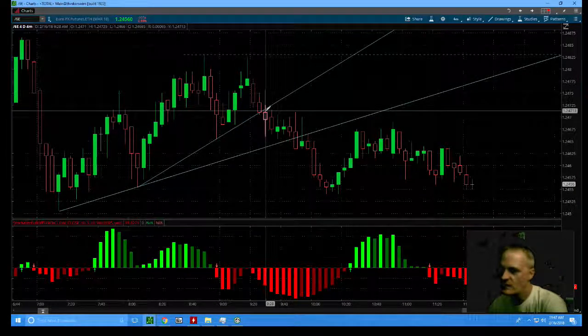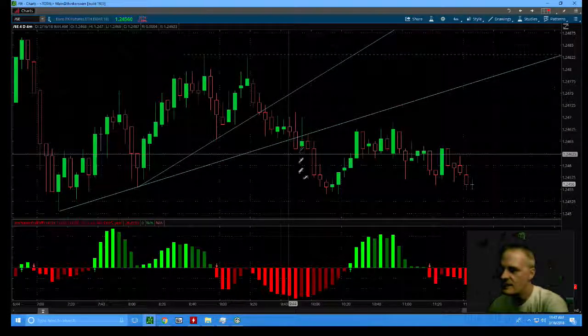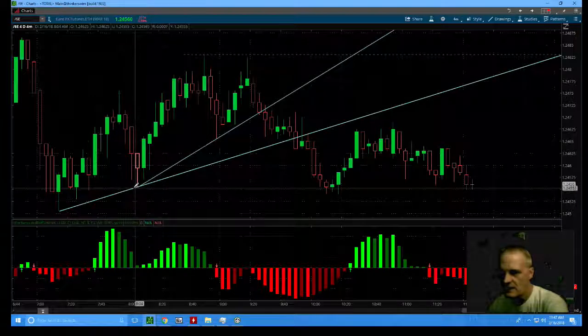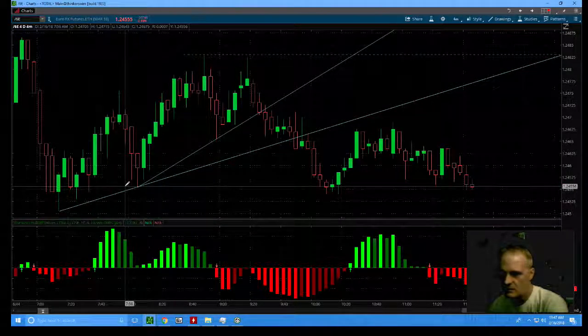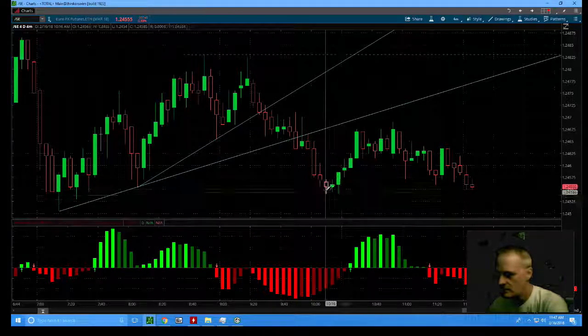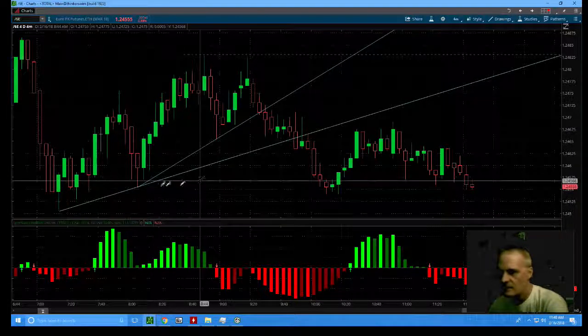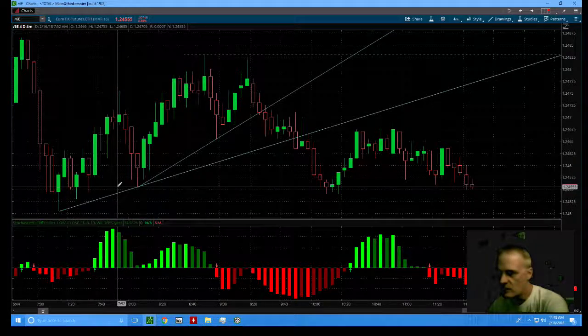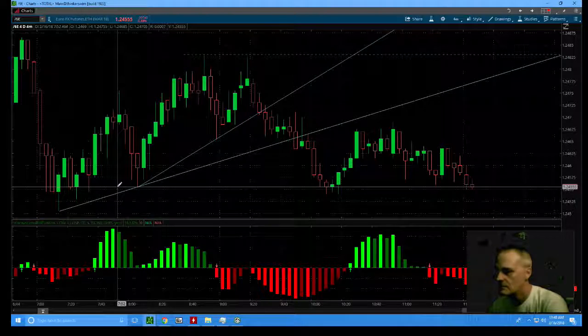It broke through the primary trend line, so that was a short to the downside, and then also broke through the secondary trend line, so that would have been a good short down to about here, which is right where it stopped. It traded a little bit below that, but those became closing prices on those candles.